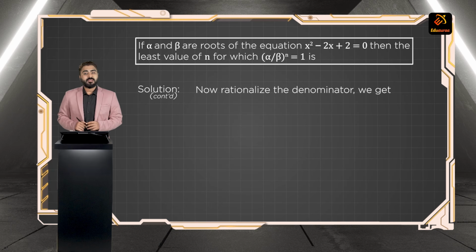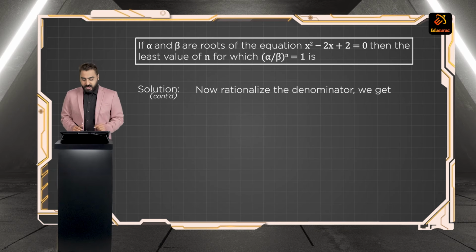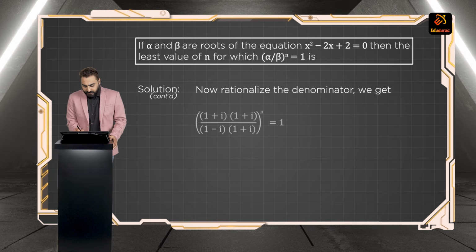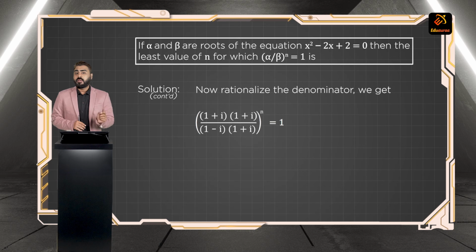So when we rationalize the denominator, we will multiply and divide with conjugate of denominator. So when we do that, we get (1 plus i into 1 plus i) whole upon (1 minus i into 1 plus i) whole raised to n, which is equal to 1. Now students, when we do this, let's apply distributive law in the numerator.